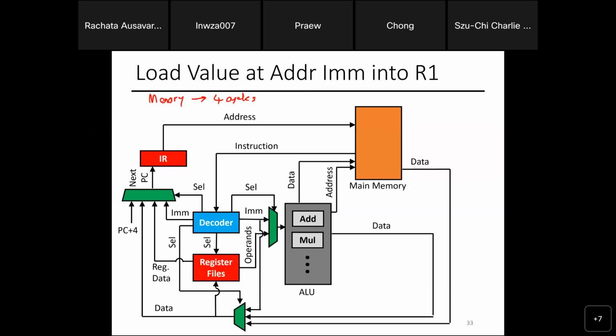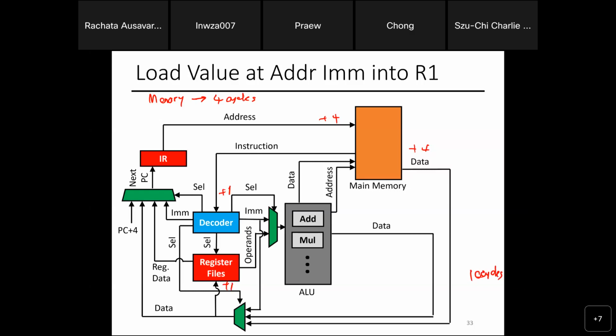I said I assume I hit in cache. So 4 cycles. Right? Decode. What's the instruction? I want to go back to the memory because I need the data. Right? Plus 4. And then plus 1 here to update the register, right? So how many total? 10 cycles.